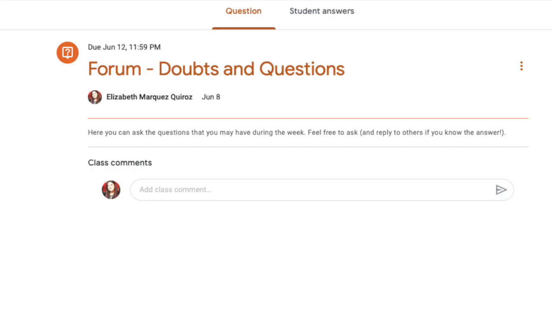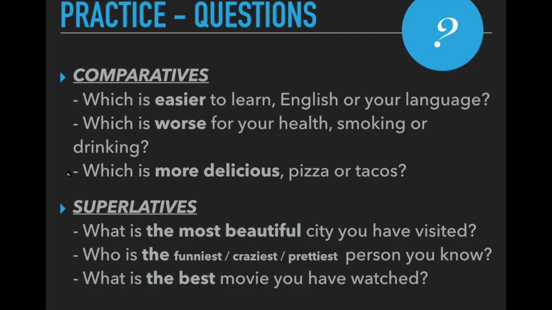And in the form write, like for me, it would be number one. For me, it is easier to learn English because it's a simple language and Spanish is so complex. And number two, the most beautiful city I have visited in all my life is Montreal because there are so many things to do. There are so many people that come from everywhere around the world.